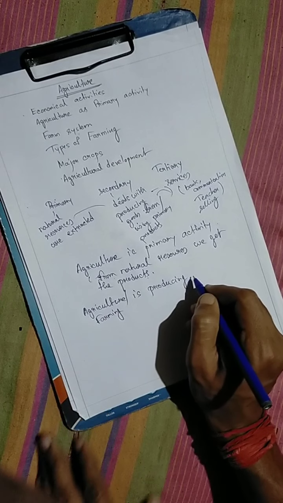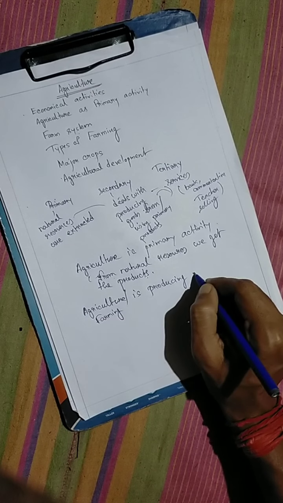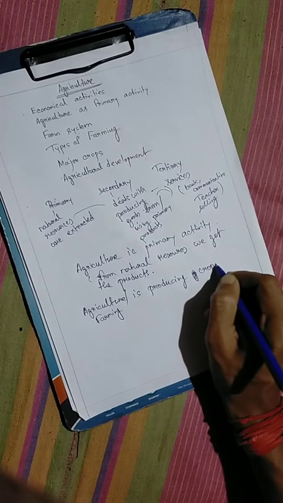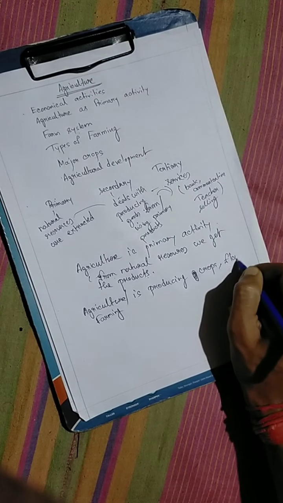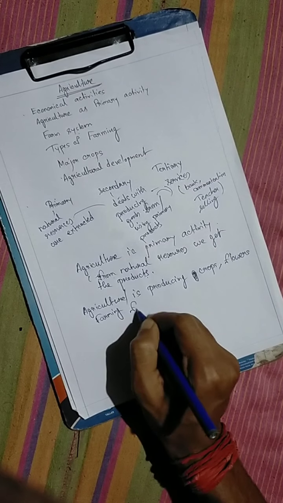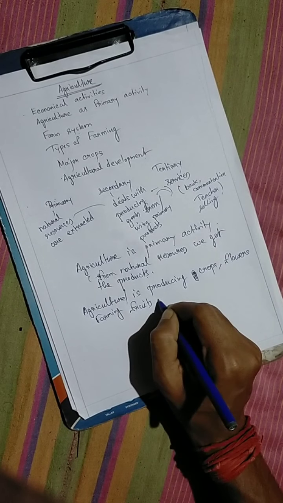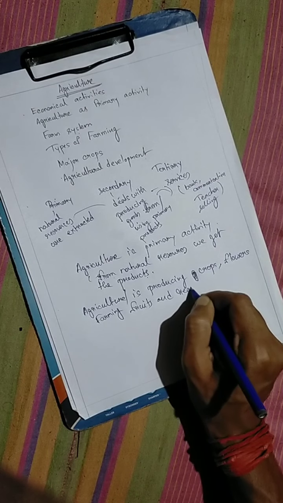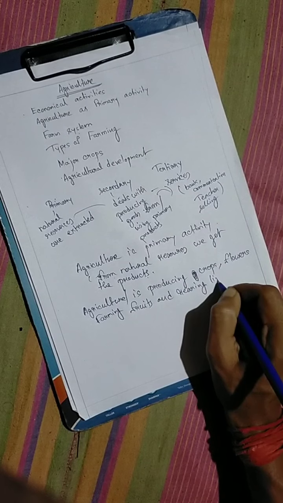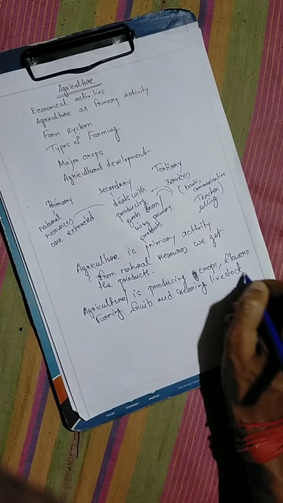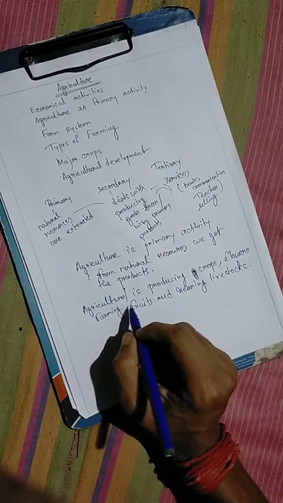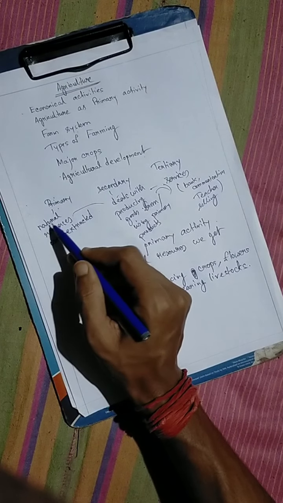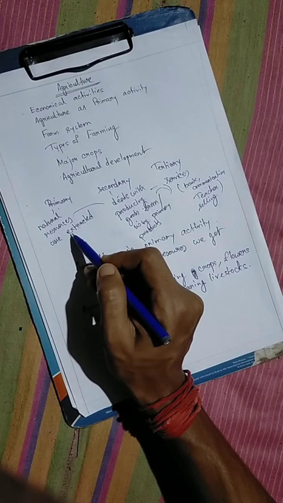Agriculture or farming is producing crops, flowers, fruits and rearing livestock. We said that in primary activity natural resources are harnessed or extracted.